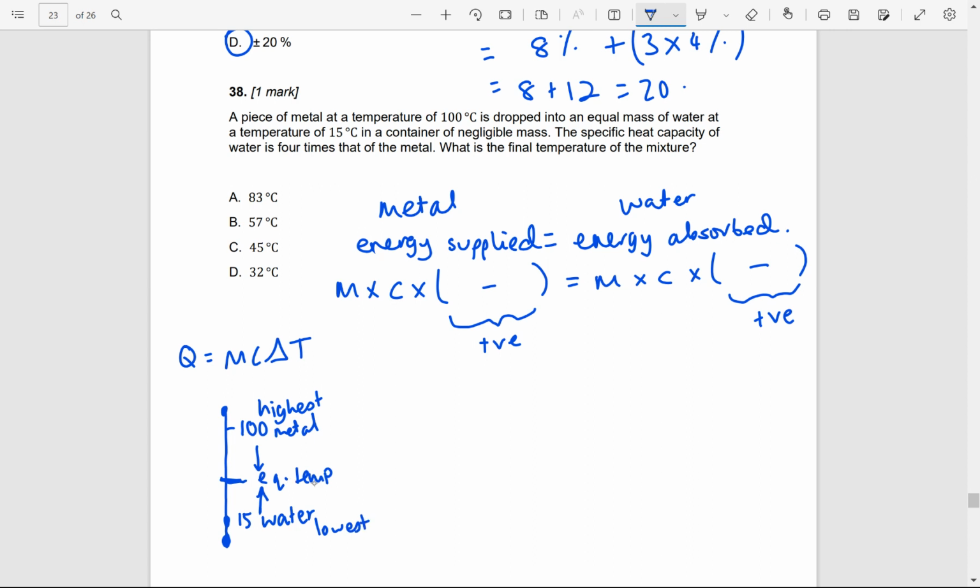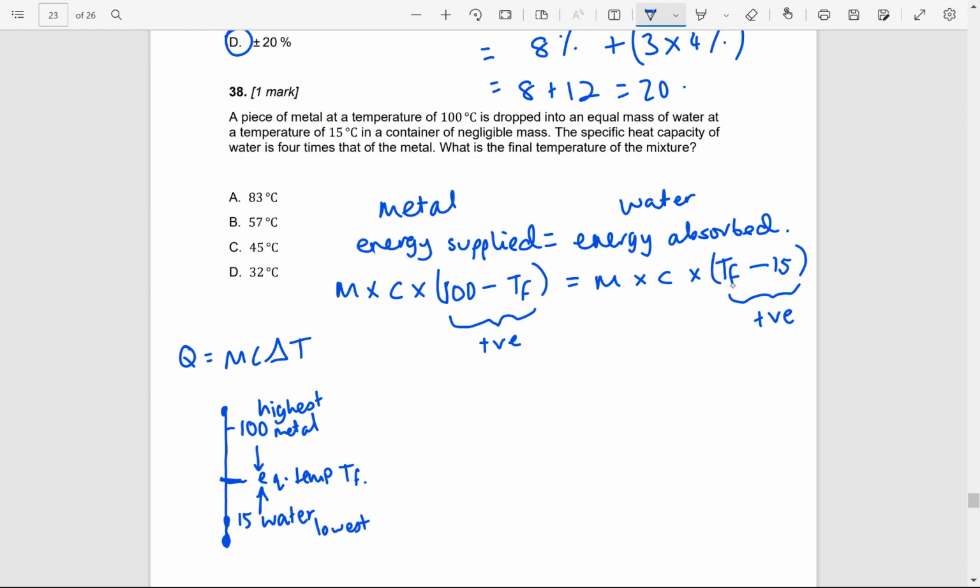This is going to be the lowest, and then this is where it's going to settle. All right, our temperature final. So the metal is going from 100 to the final temperature, and the water settles at a high final temperature from a low temperature.